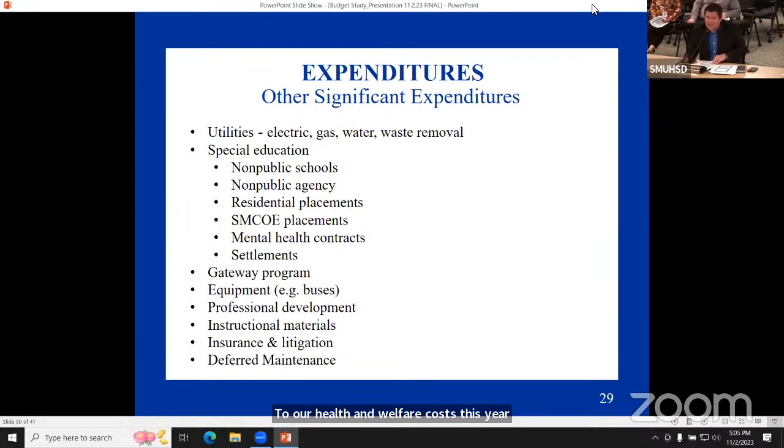Our other significant expenditures, so 82% is salaries and benefits. What is the rest? So utilities, including water, waste removal, electric, and gas. We have a lot of special education costs that aren't specifically driven by staffing: non-public placements, non-public agencies, residential placements, other placements.